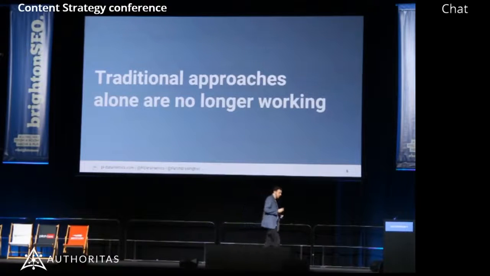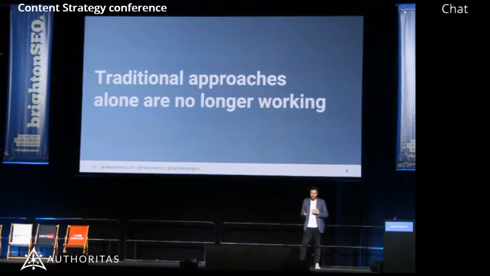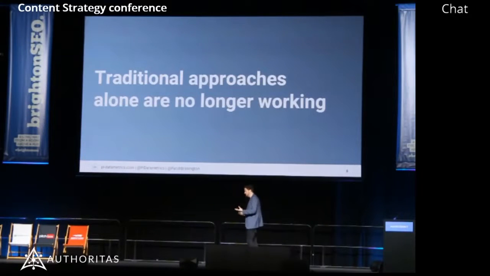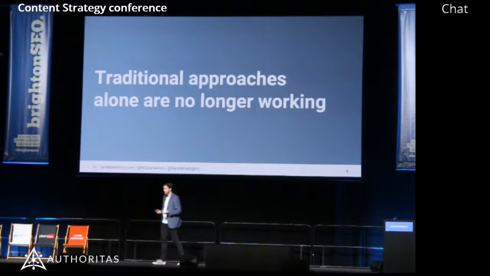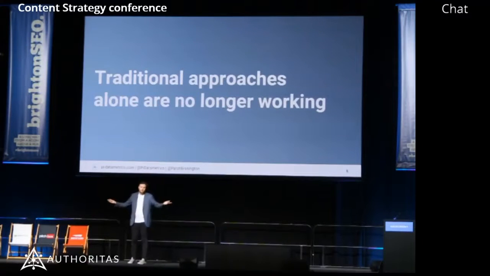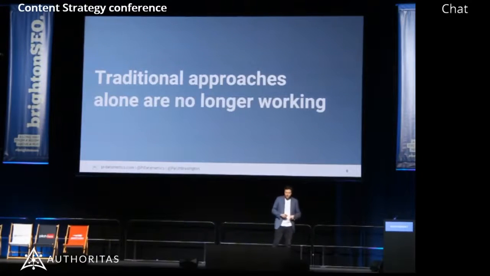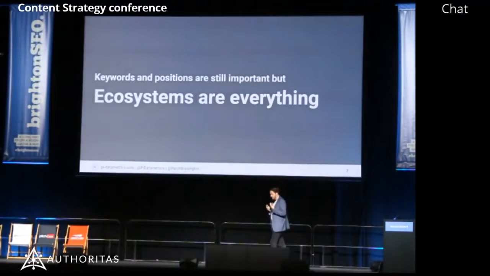But this approach is quite isolated: you take a keyword, you create some content for it, you optimize that content, you publish it, and then you have, hopefully, rankings, and you do some other stuff, maybe sharing it. But that will not take us to where we need to be.